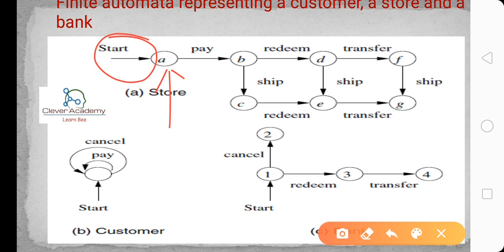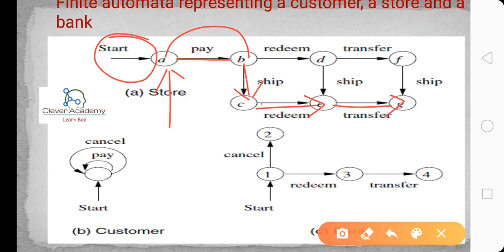The store wants to pay. Whenever he wants to pay, he moves from A to B. After the payment they want to ship. After the shipment, if they want to redeem anything they go for the redeem, or they may go for the transfer of the particular data.